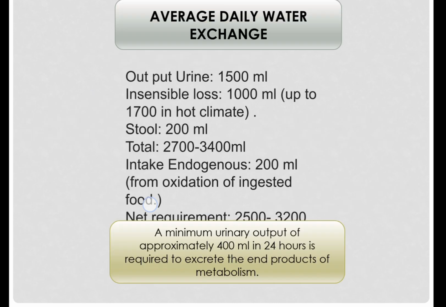Now the average daily water exchange. In urinary output, at least 1500 ml is excreted from our body, and insensible losses are 1000 ml, up to 700 ml in a hot climate like this. This is the very hot climate in our Pakistan.